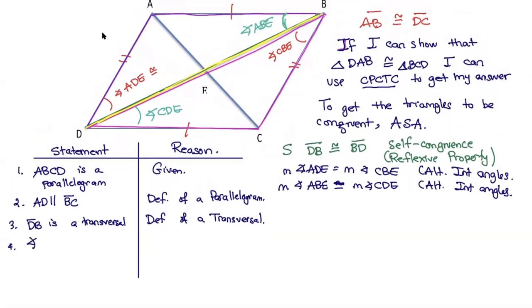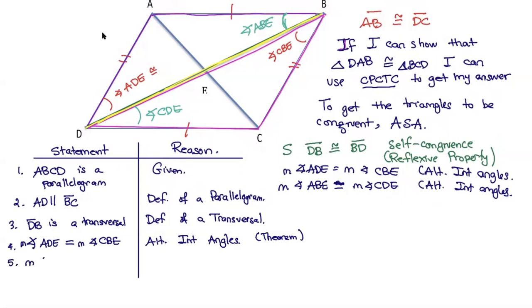We can use the fact that the measure of angle ADE is equal to the measure of angle CBE, and we said that that was on account that they're alternate interior angles. And the alt-int angle theorem says that if the two lines are parallel, the alternate interior angles are congruent.